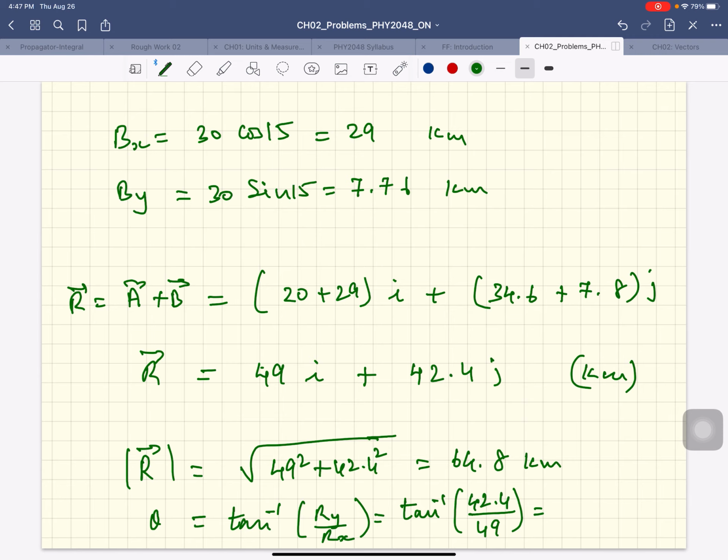And this works out to 40.9 degrees, and the other solution would be plus 180, 220.9 degrees. And obviously this is the correct solution, that's not your solution. What would that solution correspond to? That solution would correspond to minus 49, minus 42.4.